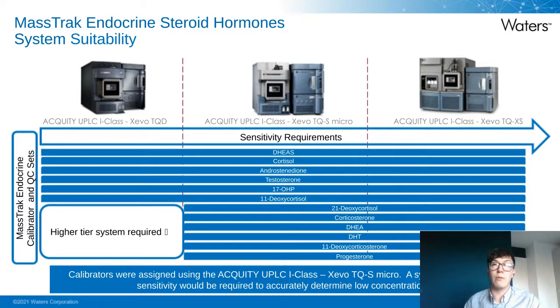Depending on the sample volumes and sample preparation, it is likely that DHEAS, cortisol, androstenedione, testosterone, and 17-OHP, as well as 11-deoxycortisol, will work across all three systems, whereas to enable quantification of the other steroid hormones, so 21-deoxycortisol, corticosterone, DHEA, DHT, and 11-deoxycorticosterone, as well as progesterone, a higher end system is likely to be required.